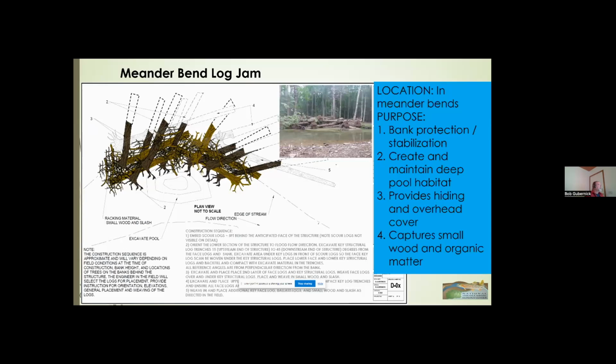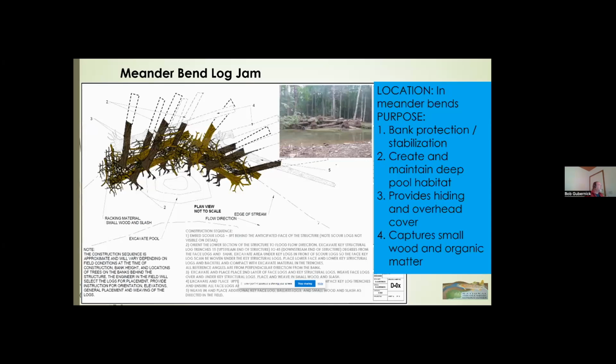It's very complex as far as structure goes. There's lots of void and cover space for organisms to hide in there. It captures small materials, organic detritus, etc., that benthic organisms need. So it helps feed the food chain.